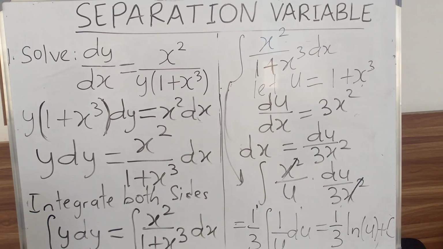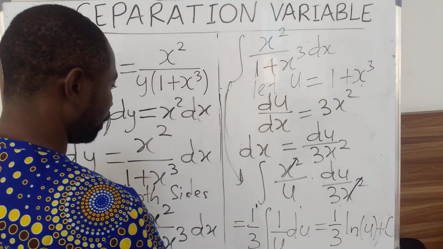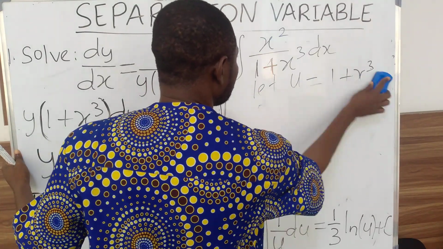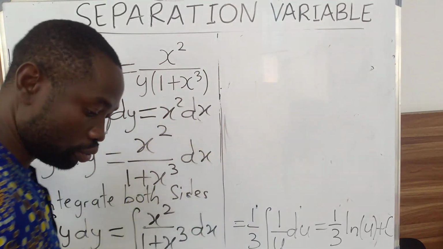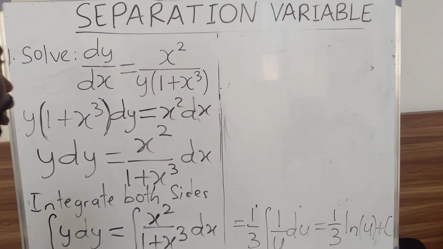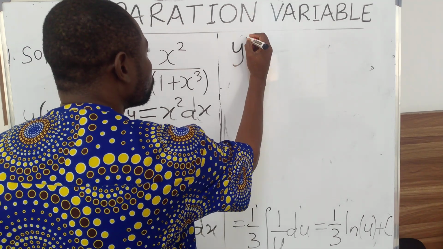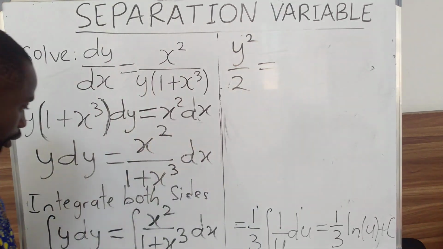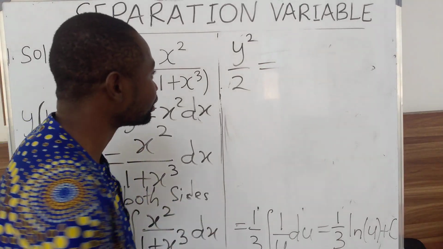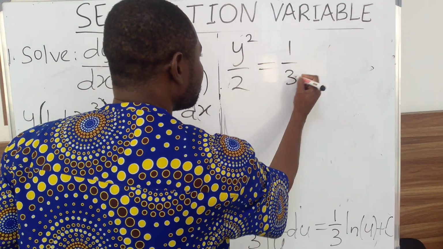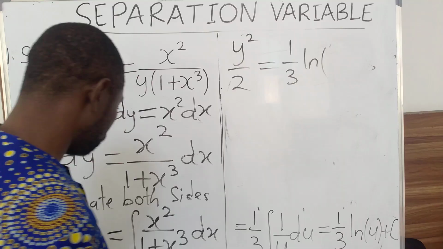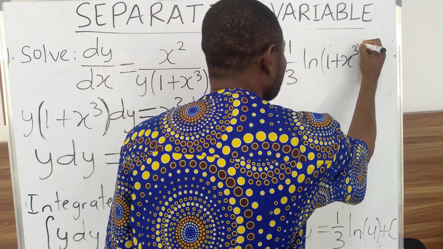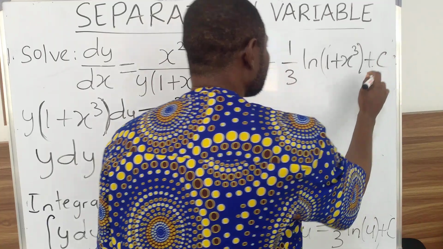Now, the final answer from here: if I integrate y, I'm going to have y squared over 2, which is equal to the integration of this one. What I got here is 1 over 3 ln of 1 plus x cubed, then plus c.